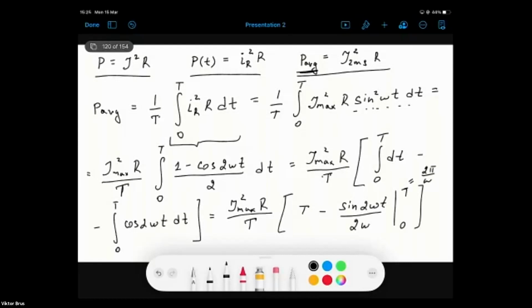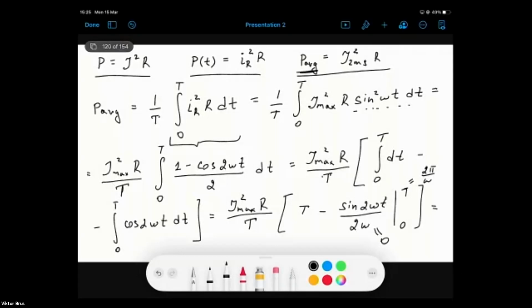If we substitute 2 pi divided by omega in the argument of sine, omega will be canceled instead of t, and there will be just 4 pi. We know that if it's a multiple of pi, sine is equal to 0. So it will be just 0 minus 0, because sine of 0, when we put 0 instead of t, is also 0. So this will be just 0.